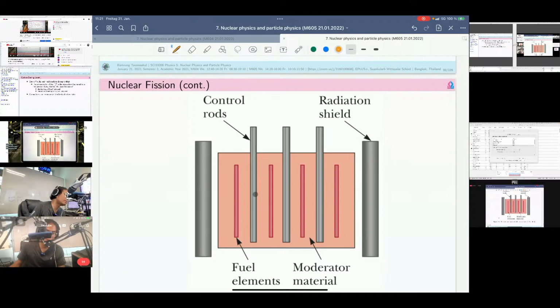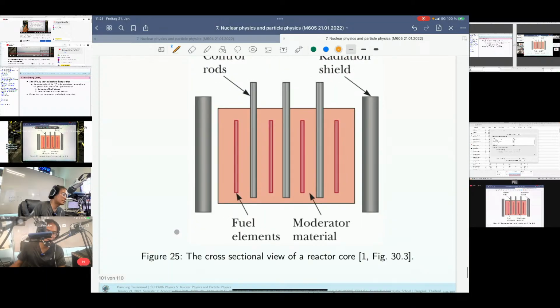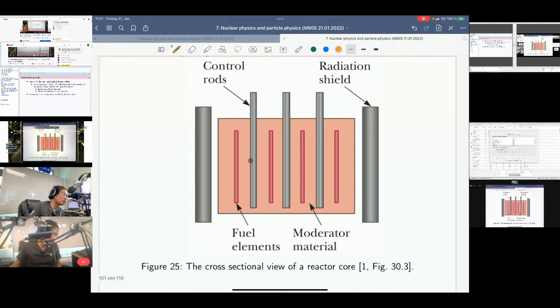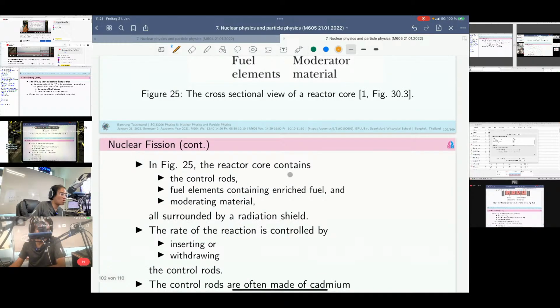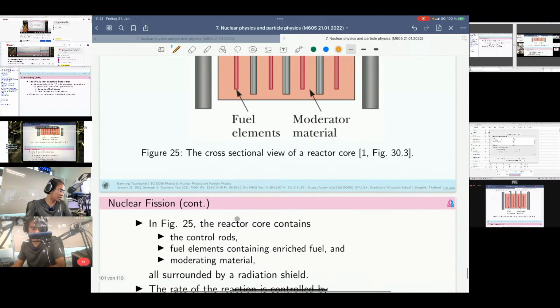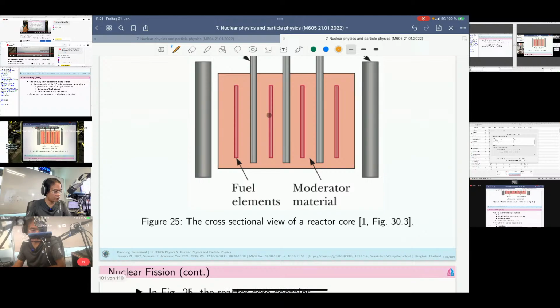This reactor has the control rods. If you want to make the fission more, you need to have fewer control rods to absorb. The reactor core contains the control rods, this one, and the fuel elements, the red ones, that contain uranium-235, and moderating material.